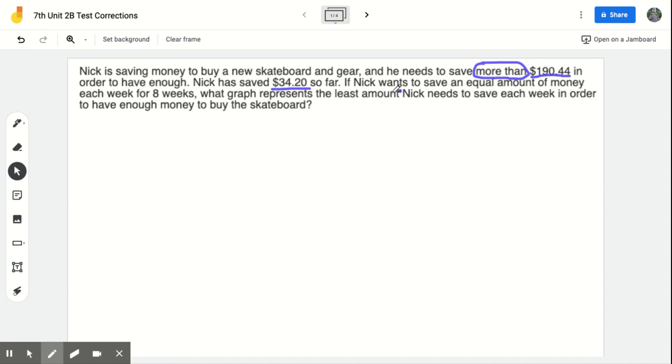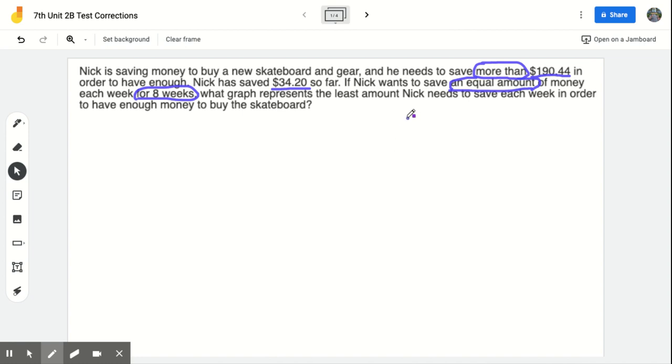And it sounds to me like he wants to save an equal amount of money every week for 8 weeks. Okay, so let's circle some of this. All right, and we need to graph the inequality that represents the minimum amount he'll need to save.